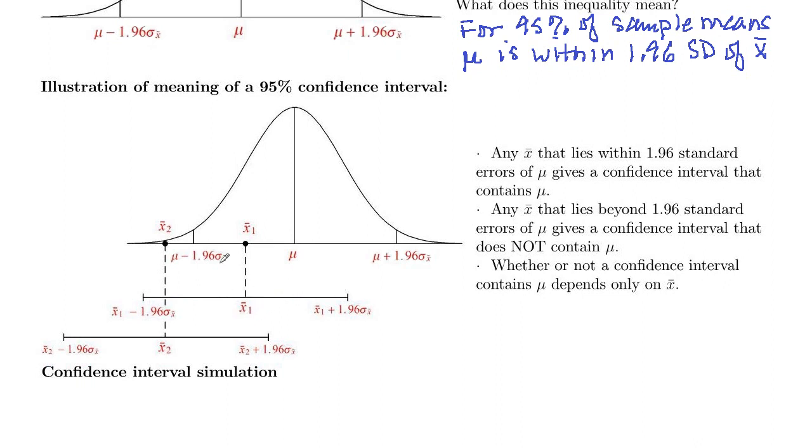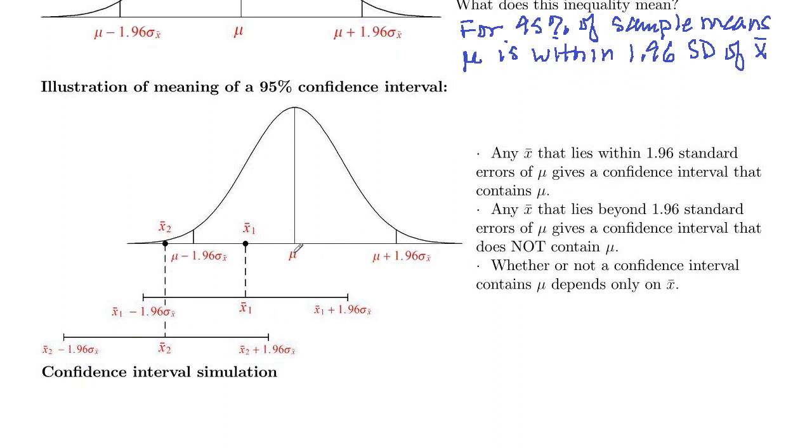Say you take another sample, x2 bar, and that falls outside of this range. Well, when you add and subtract 1.96 standard deviations to that, the population mean is now outside that interval.